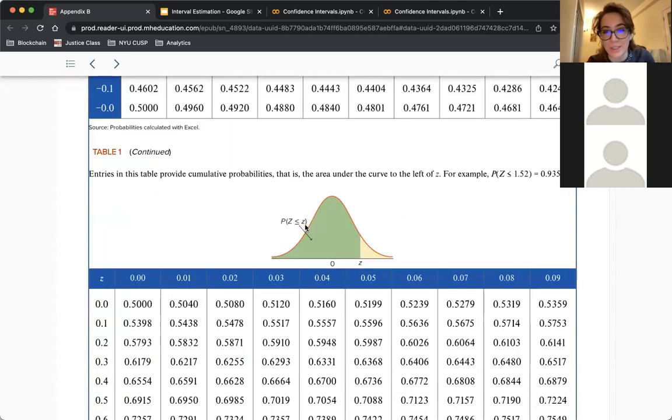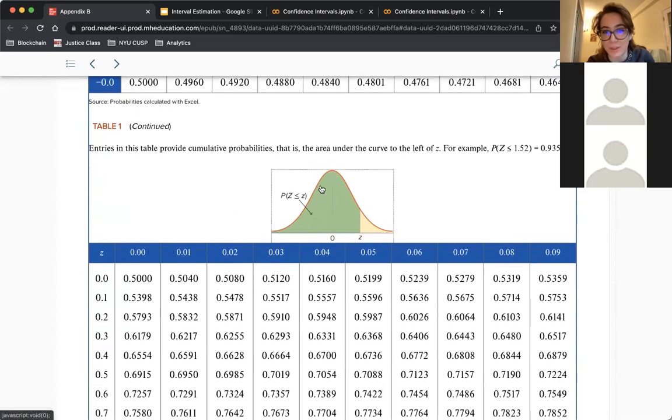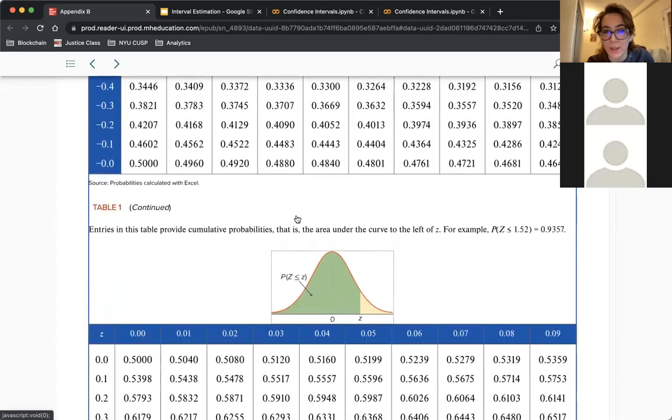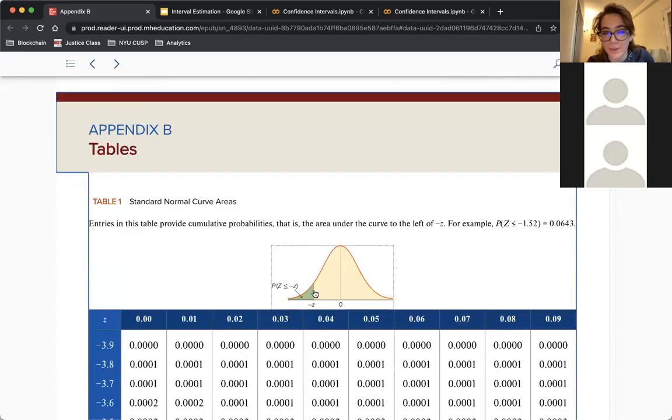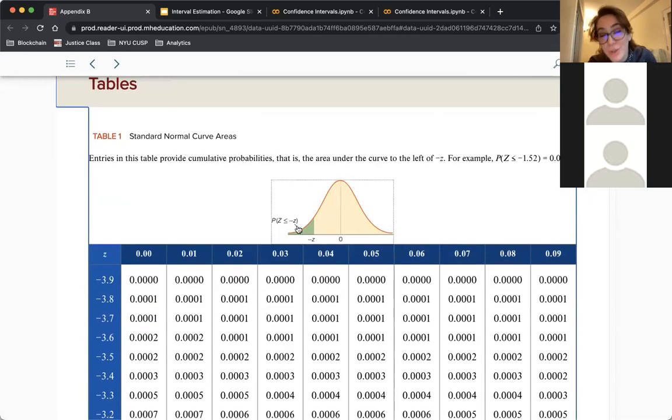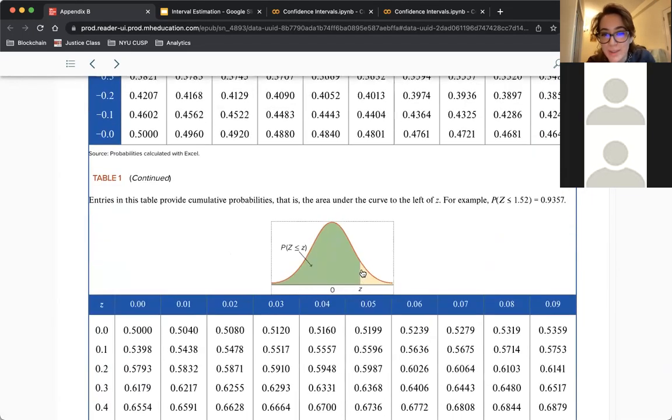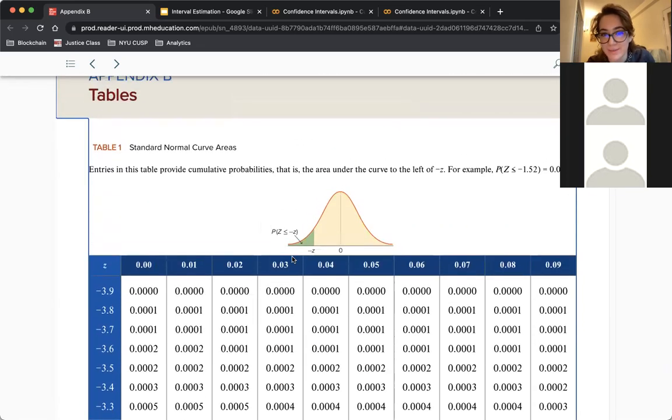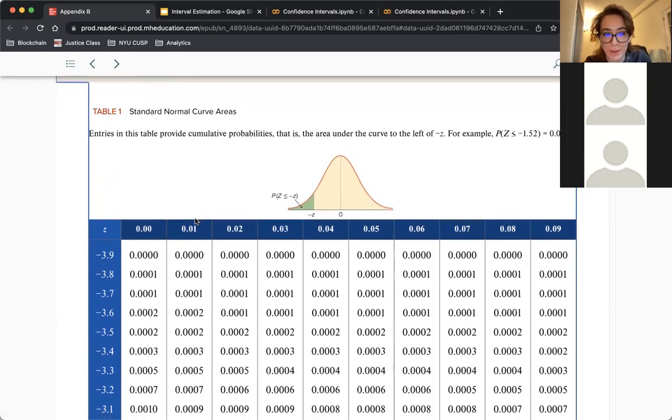The difference in these tables is that this one is the cumulative density function and the other one accounts just for the tail, which is also cumulative up until the tail. But in this case, we want this Z value on this yellow part. And this is that missing side of the coin. So that's why we'll use this one for now.